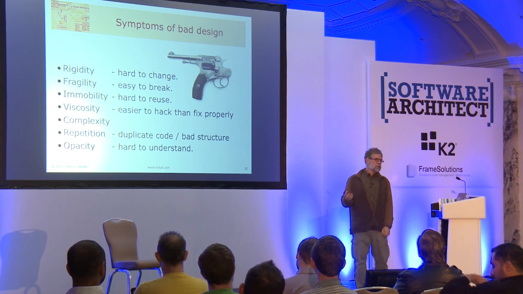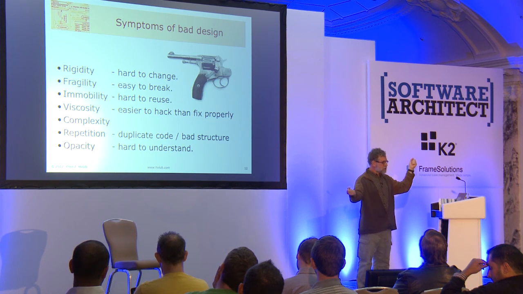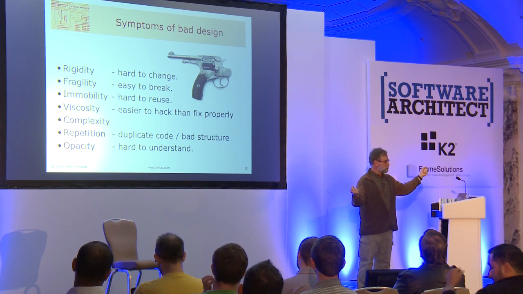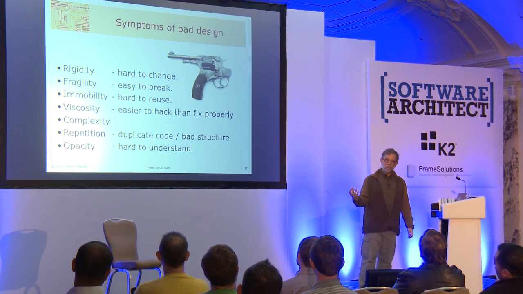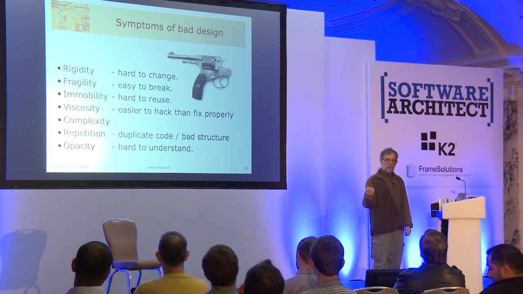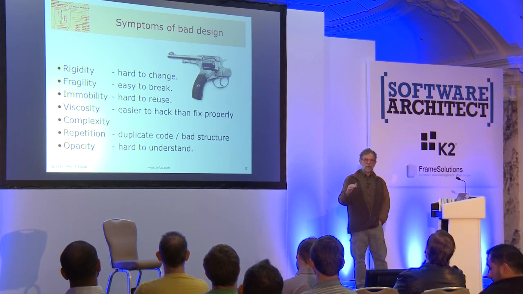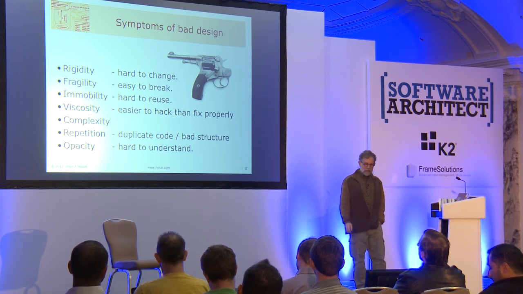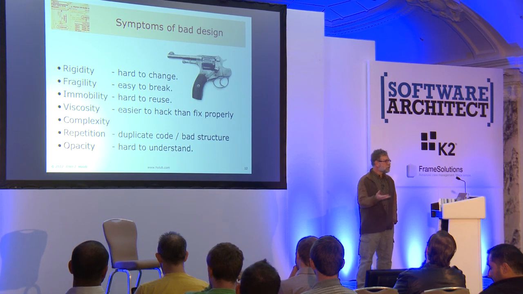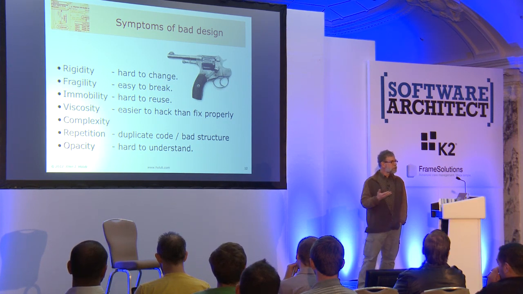So I need to restructure this code so I don't have this hard coupling relationship between two unrelated pieces of code, so that I can make the change in one place and it's done. So fragility is something that I recognize all the time in my own code, but it's because I'm looking out for it: the code is very fragile in the sense that if I change something in one place, it's going to break because other things depend on it.